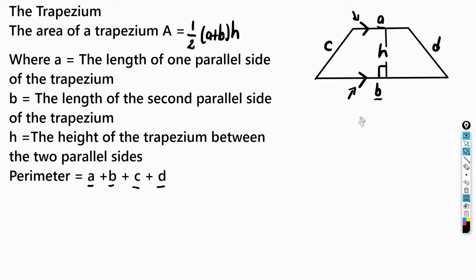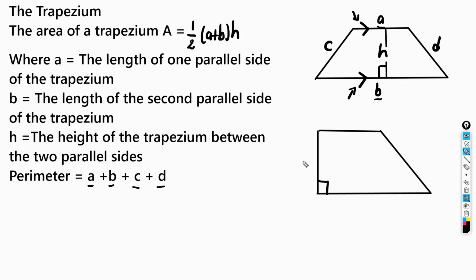Also, sometimes they give you the trapezium looking this way. Let me show you, where they have the perpendicular height here, and then two parallel sides like this, and one side looking like this. Let me draw that better. In this example, the perpendicular height is right here.